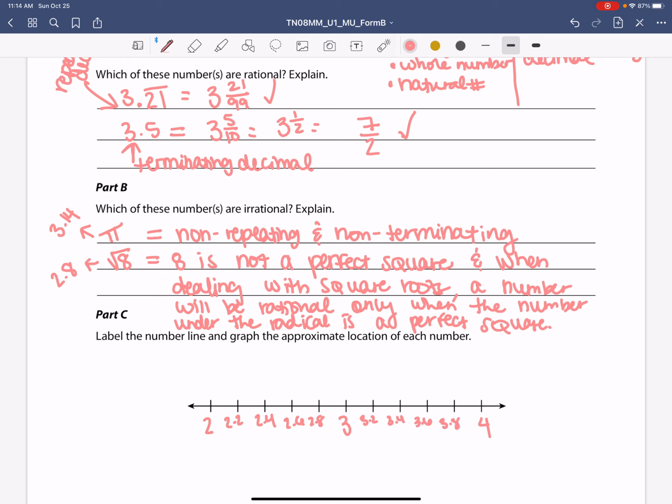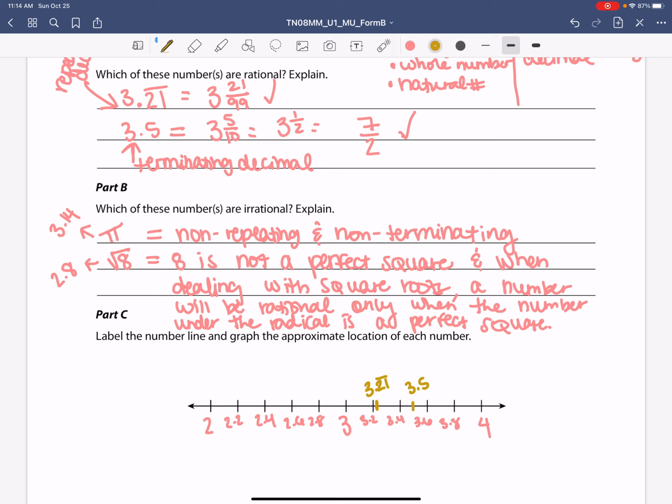Let's start off with 3.21. We know that's going to be very close to 3.2, so we'll have it here. I'll use a different color. This is our 3.21 repeating. Then we have exactly 3.5, which is exactly between 3.4 and 3.6. Then we have pi, which is 3.14, very close to 3.2.